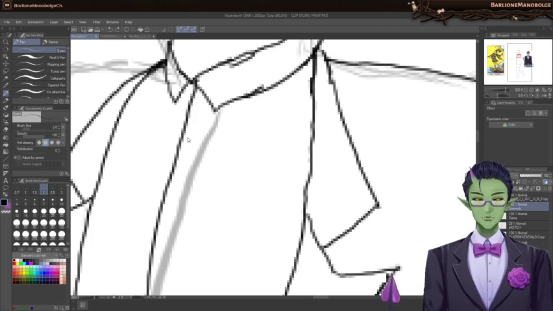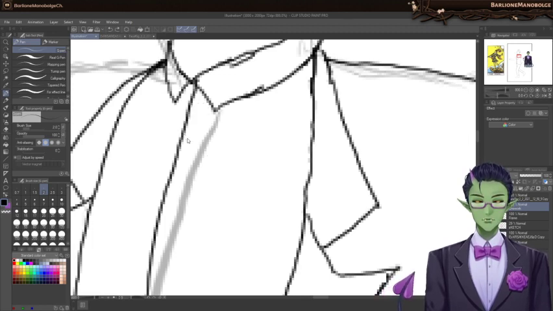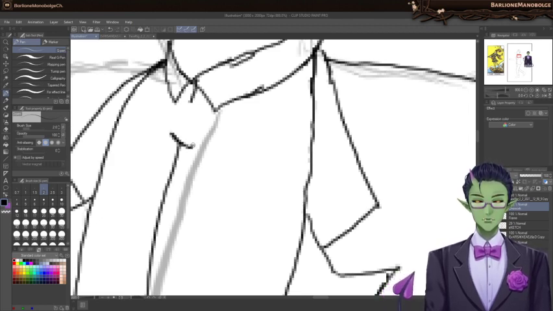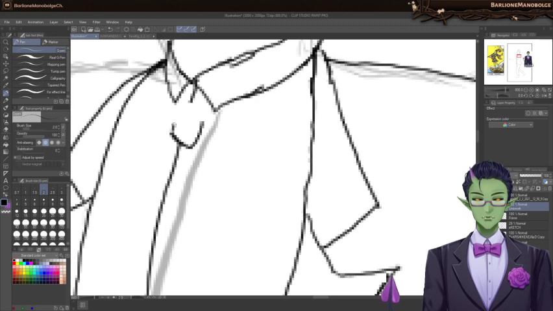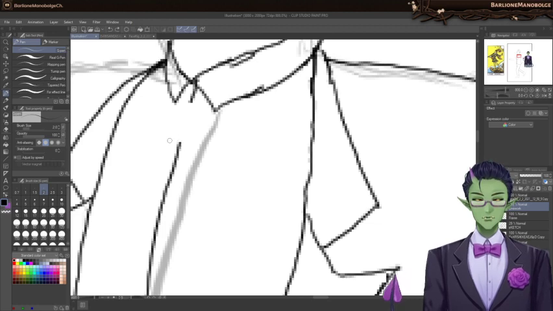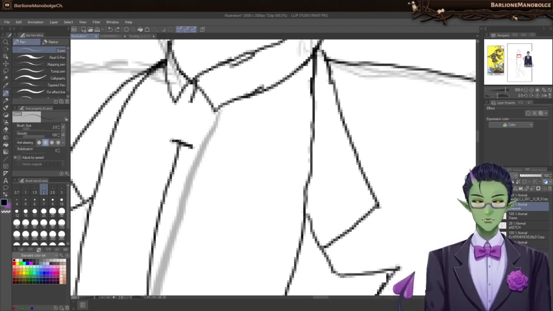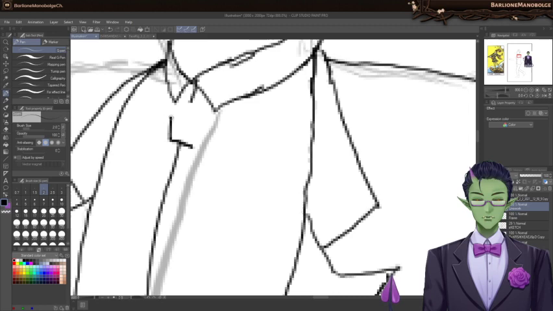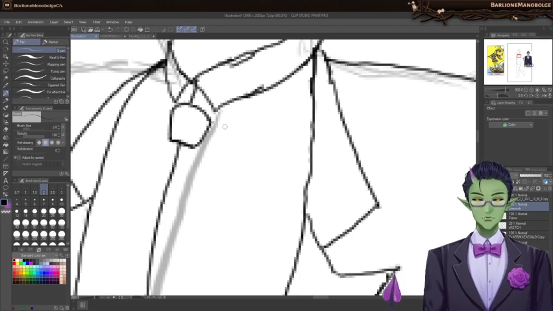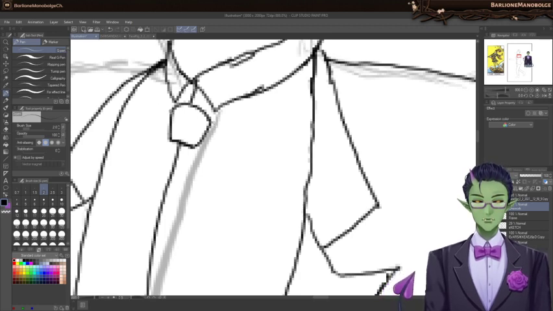Right, I think I need to angle the centerpiece as well. Too angled though. Okay, that might be better.